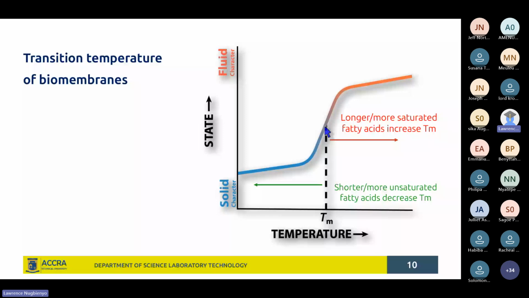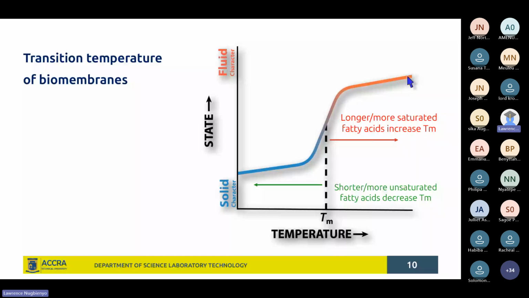membrane is more stable, so that if the temperature increases above this, then you have the membrane becoming more and more fluid, because of course the lipid molecules in the membrane are going to be more agitated with increase in temperature, and so you have the membrane getting more fluid.